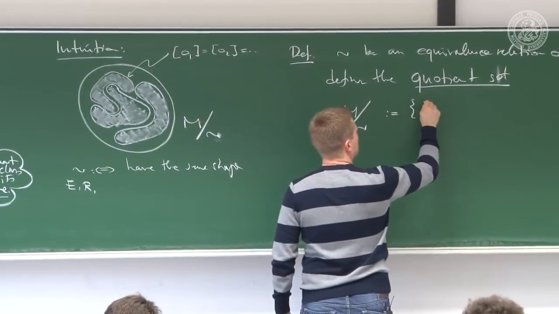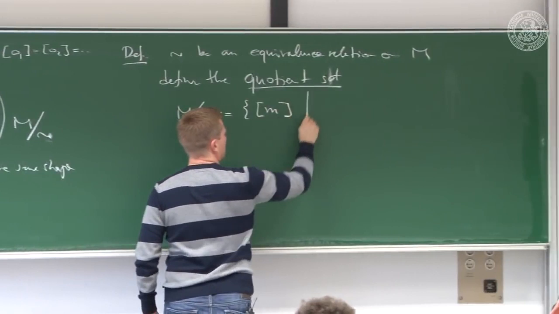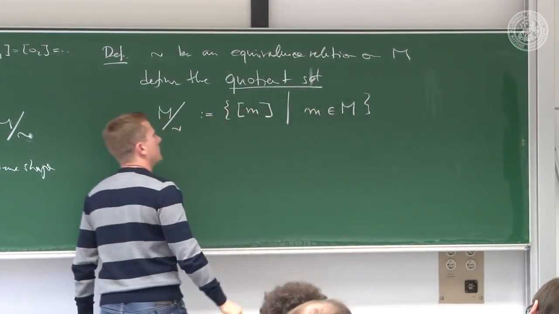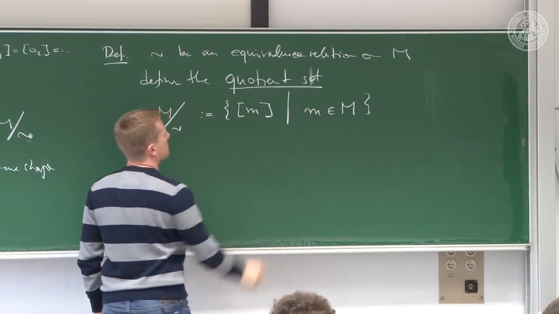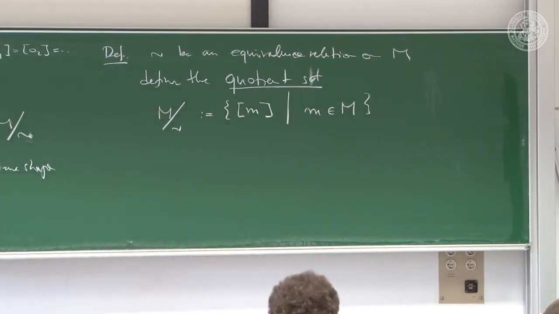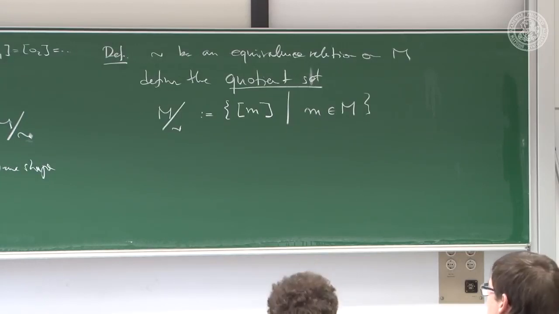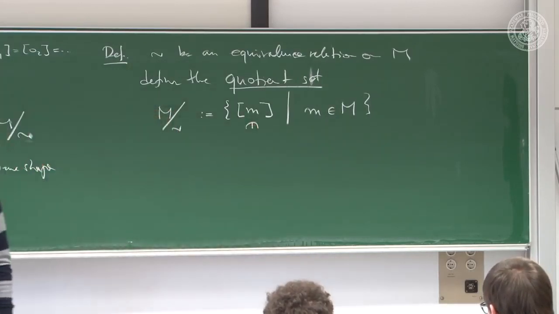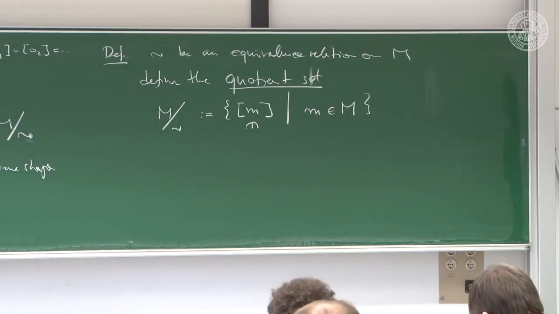And that's the set whose elements are the equivalence classes [m], m in M. Why can I do this? Well, where do these [m]'s lie? So this looks like universal comprehension, right? So we need to convince ourselves we can actually build this set. If I write it down like this, it's very likely restricted comprehension, okay? But what is the set that these equivalence classes come from?